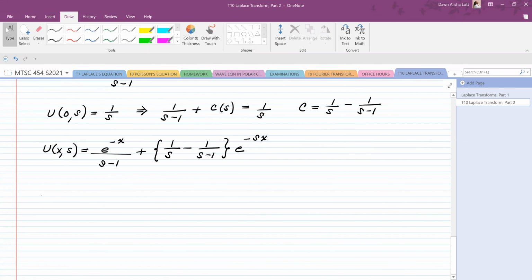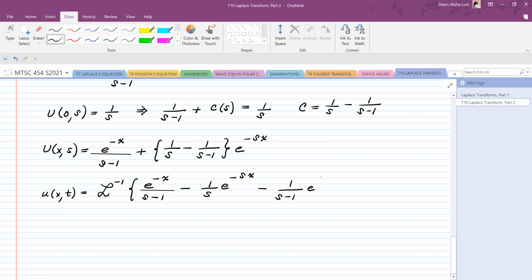So we get U of x and t is the Laplace inverse transform of e to the minus x over s minus 1, plus 1 over s e to the minus sx minus 1 over s minus 1 e to the minus sx. Okay, so let's go back to our table.